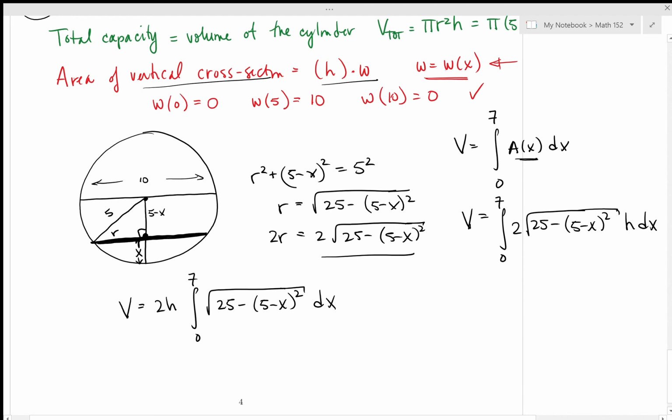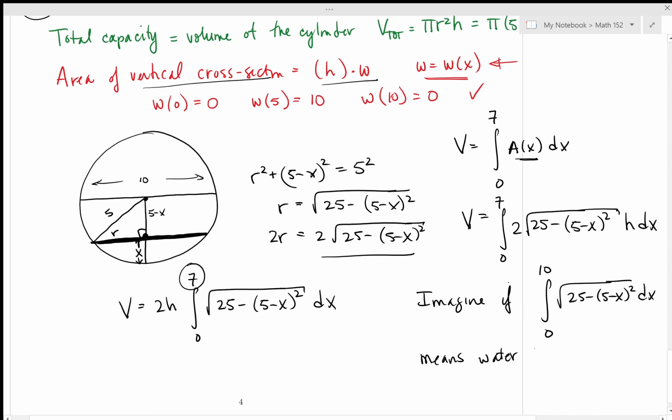Okay, now when you're doing these kind of things, it's always good to be able to check what you're doing. Let's imagine this upper limit. Imagine if I did this integral from 0 to 10. What should I get for an answer? What would it mean if I was going from 0 to 10? I'm figuring out the volume of the water. That would mean the thing was full. That means water fills the tank.